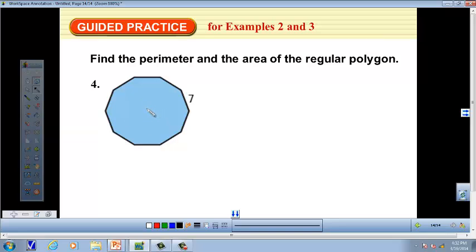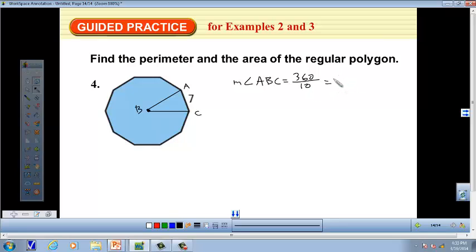So if the center is right here, I can draw a line here, and I can draw a line here, and if we call this A, B, and C, we can say that the measure of angle ABC is equal to 360 divided by 10, because there's 10 sides.